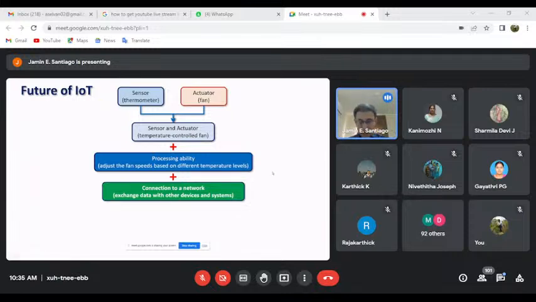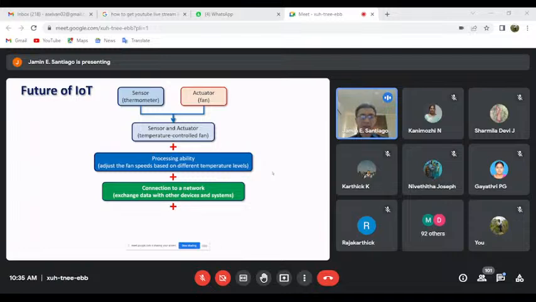Now, I'm always reading, I'm always studying every day. I'm always looking at how to improve our projects. Now, it's already an IoT project, but how to get there? The next thing will be artificial intelligence and machine learning. So I think that is the future of IoT, especially now that we have ChatGPT.